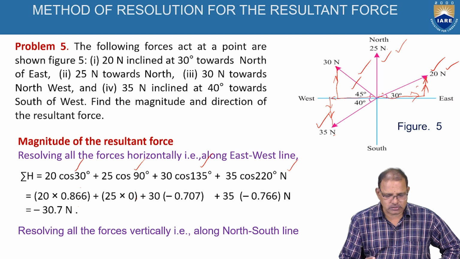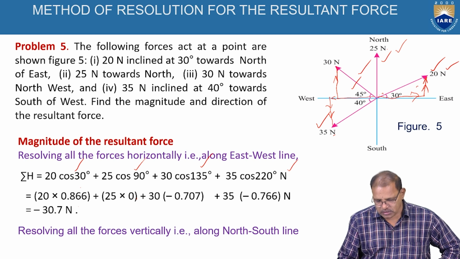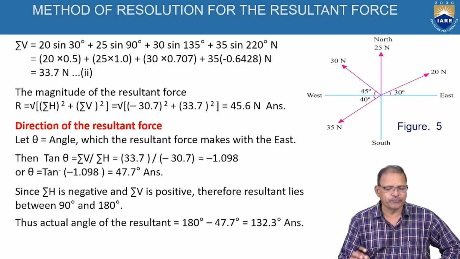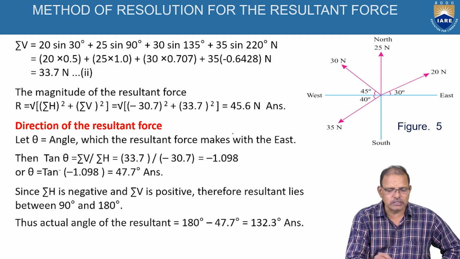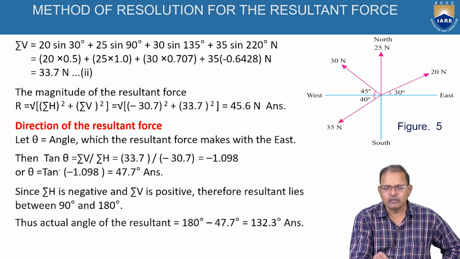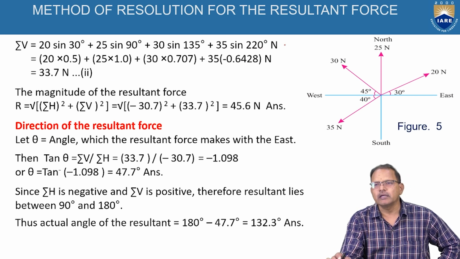Resolving all the forces vertically, that is along the north-south line, sigma V is equal to 20 sin 30 positive. The second one is plus 25 into sin 90, positive. The third one is 30 sin 135, positive. And the fourth one is 35 into sin 220, but it is acting in the downward direction.